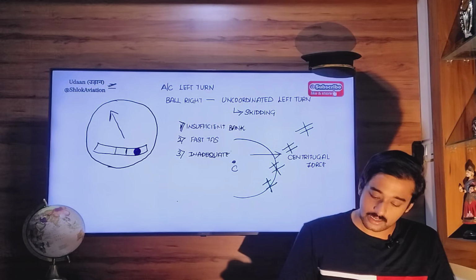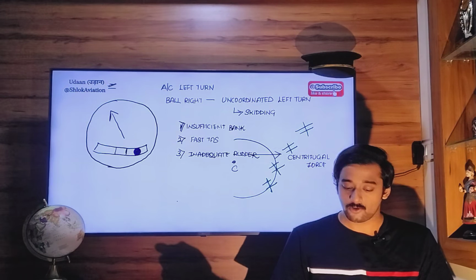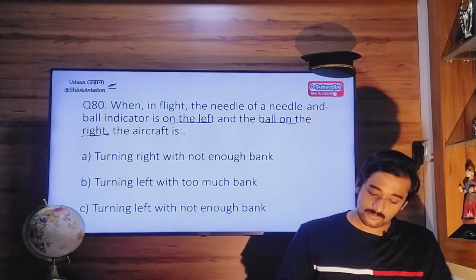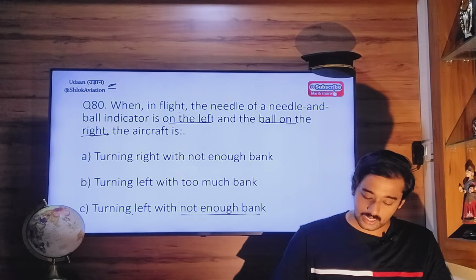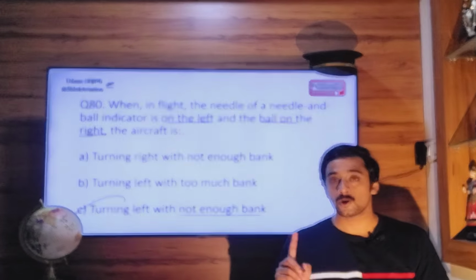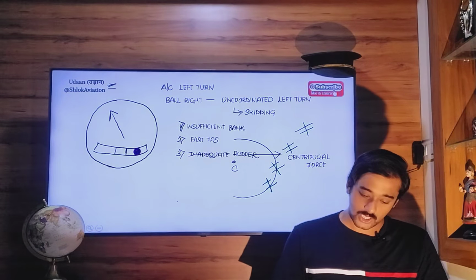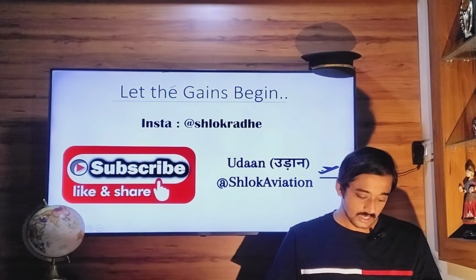Inadequate rudder pressure is another reason. So these conditions cater for skidding. So you are turning, if the needle is left, that means your aircraft is turning left with not enough bank. So you are skidding, that means you are not employing enough bank angle.